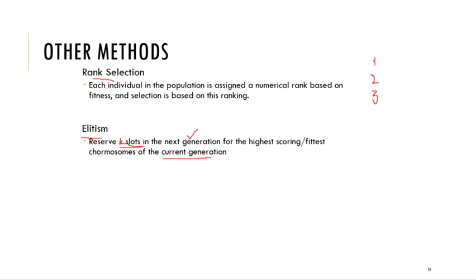So elitism says that maybe you have found some really good solution in the current generation that you might not like to lose, so we use this individual and this chromosome in the next generation as well. This makes sure that we do not lose one good solution that we may have found in the first iteration or in the second iteration.